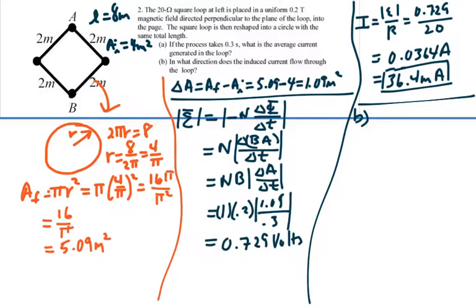What direction will that current flow? Well, as we change the shape with a magnetic field going into the page and our area increasing as we're doing that, we need to answer those 4 questions, those hierarchy of questions, to determine the direction of current. First question is, what is the direction of our original flux?